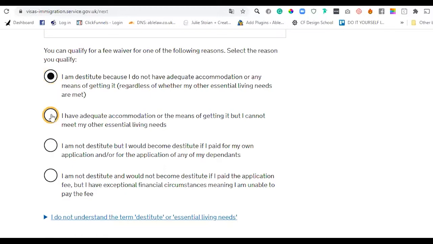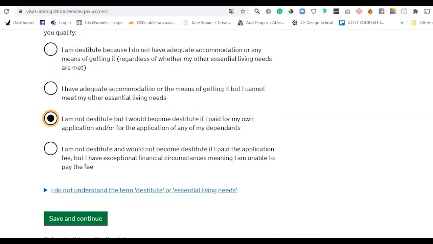With this one, you're not homeless. You have access to accommodation, but you can't meet your other essential living needs, so you may not be able to pay for food, pay for the bills and so on. And then this one, you're not destitute, but you'd become destitute if you pay for the fees.